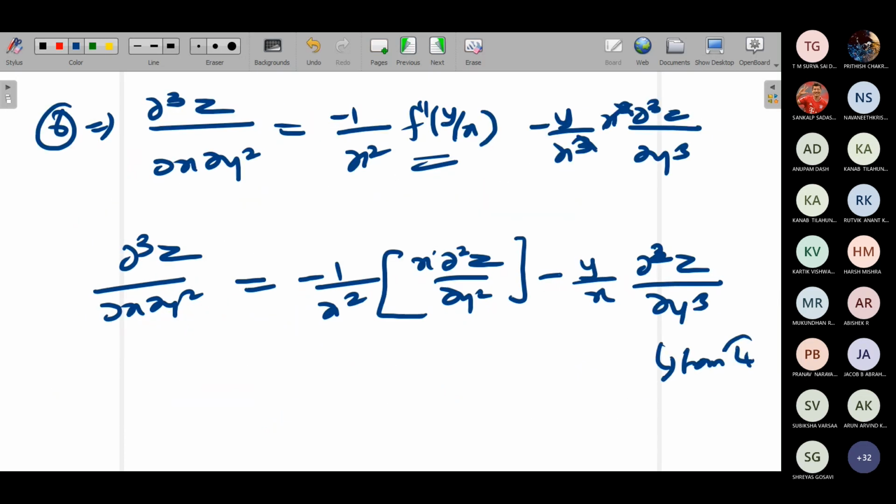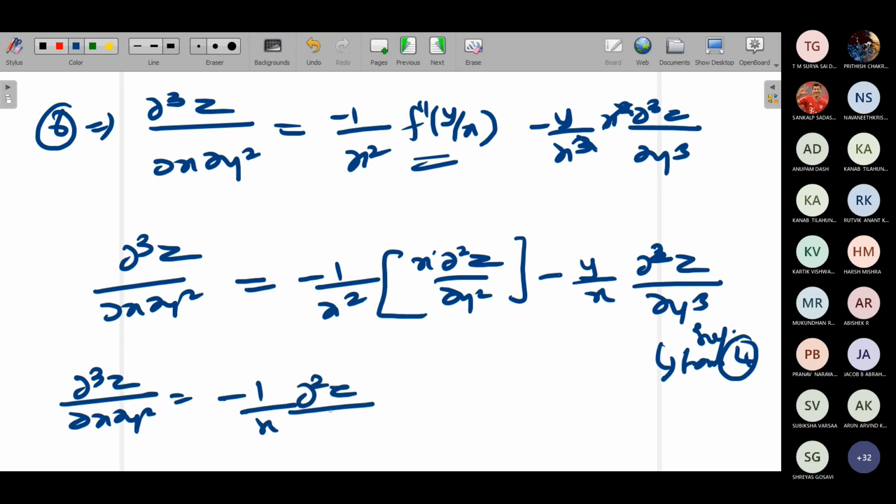Substituting 4 here, we get ∂³z by ∂x ∂y² is equal to minus 1 by x into ∂²z by ∂y² minus y by x into ∂³z by ∂y³. So that's all. You can leave it as such. You can just cross multiply by x and leave it.